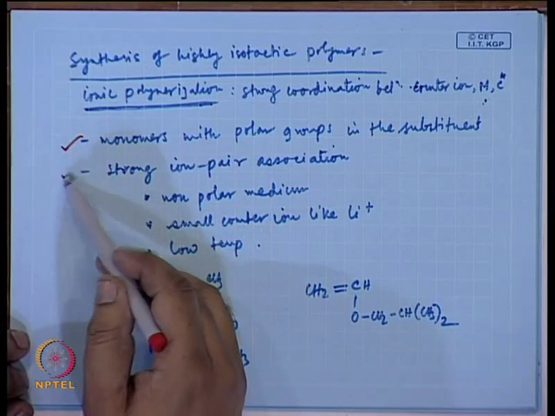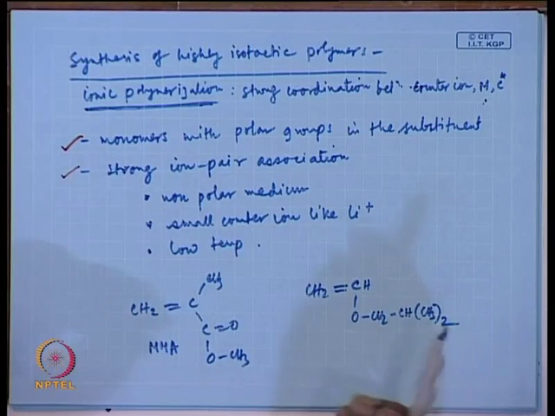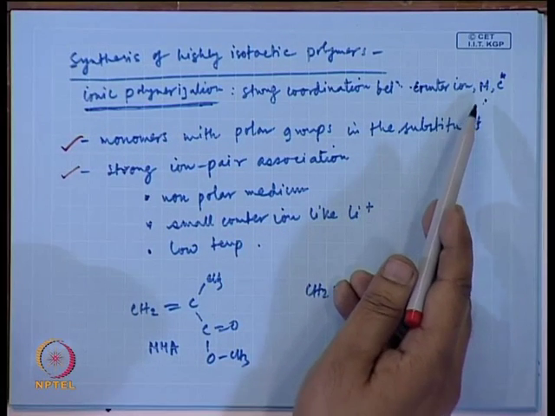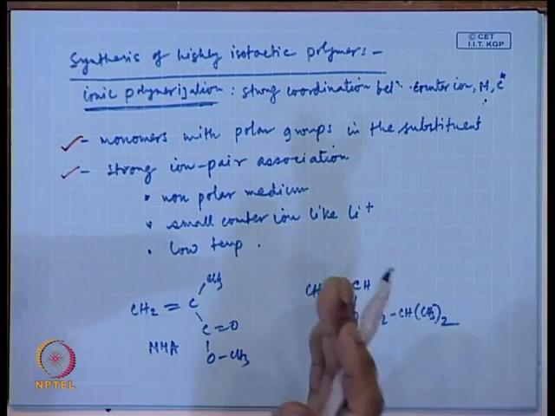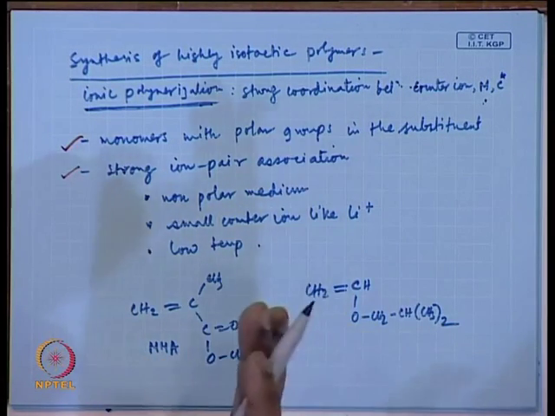Now, if the active chain end, whether it is a cation or an anion, and the counter ion are free, then we have seen what types of stereochemistry we are going to get, but if they are very tightly bound, then they can coordinate. Now, how can we make sure that this counter ion and the active chain end are tightly bound?